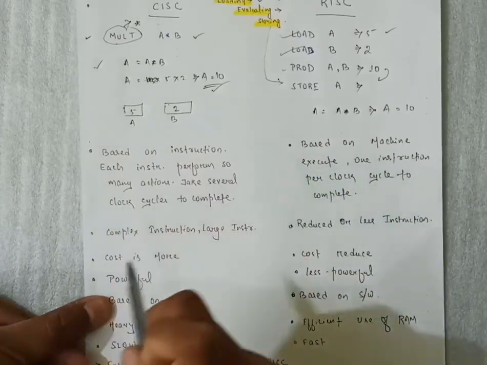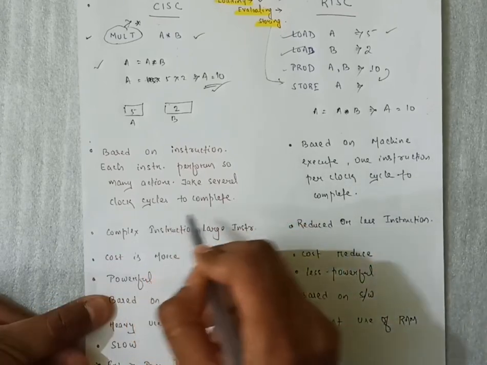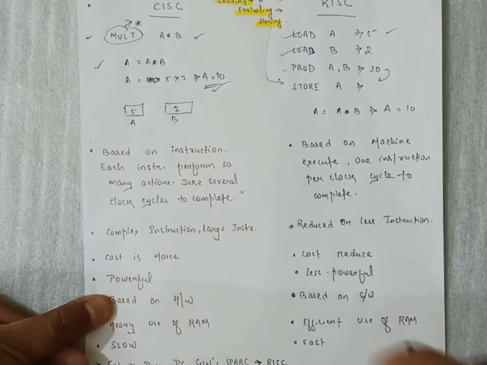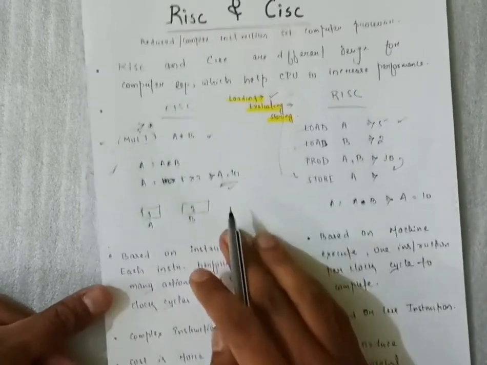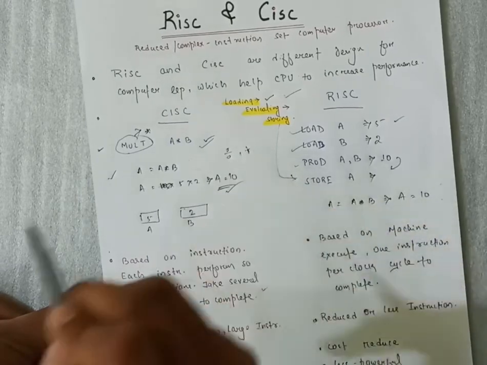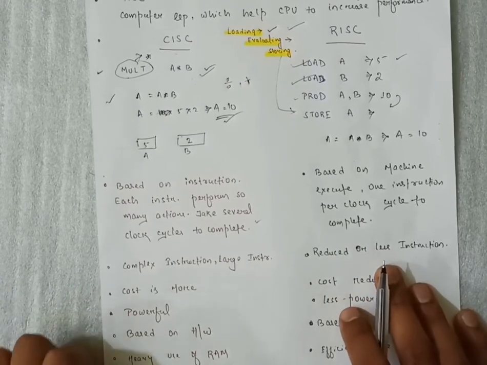If complex instructions are given, then it will take several clock cycles to complete. In one clock cycle it will perform multiplication, in another it will perform division, another it will perform addition. So it will take several cycles to complete.